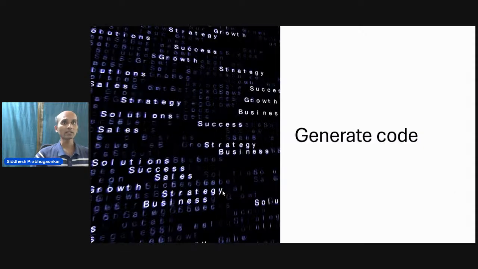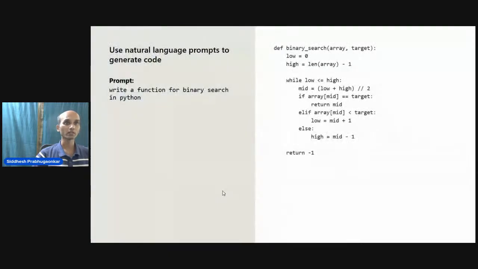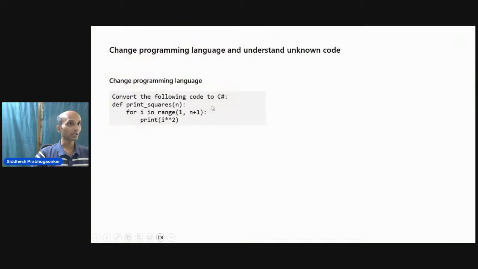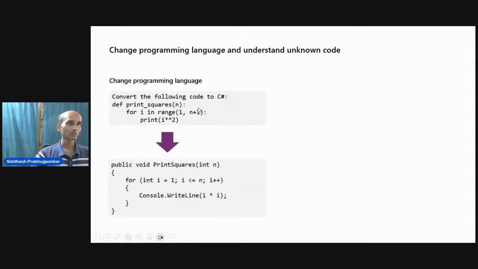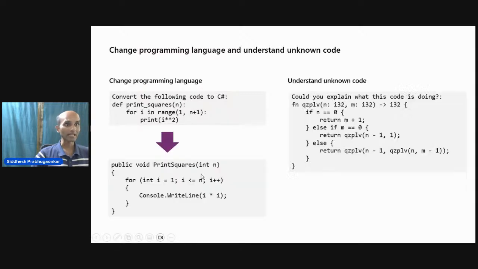Let's look at some scenarios of prompts we can use to generate code. Here is the first one. We can ask the model to complete a specific task in a specific programming language, and the model will respond with the relevant code. We can also ask it to translate the code from one programming language to another programming language.